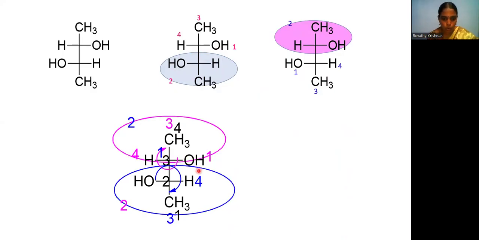This is known as 1, 2, 3, clockwise direction. But what happened really? It is S. Similarly for this chiral carbon 2, the highest priority is OH, and this biggest group is second priority, and this is 3 methyl. So when the movement comes from here to here, that is clockwise direction. We are expecting it as R, but actually we are getting S, because the lowest priority group is in the horizontal line.